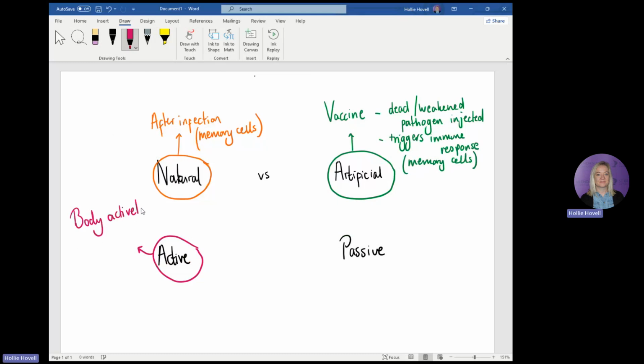It's good to put the word actively in there because then it links the active bit. So passive is the opposite of that. So we can sometimes be given ready-made antibodies. So it's not our immune system making our antibodies. We're just given antibodies already made. We don't make them.